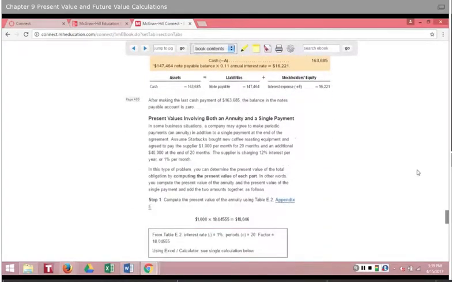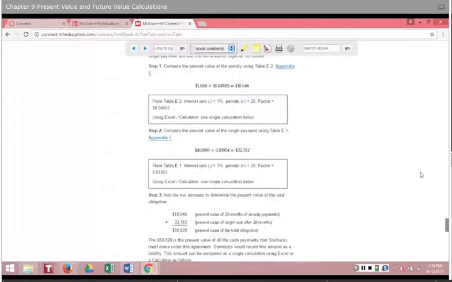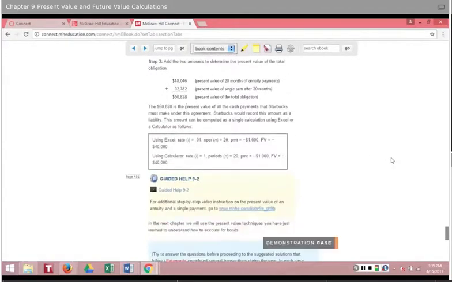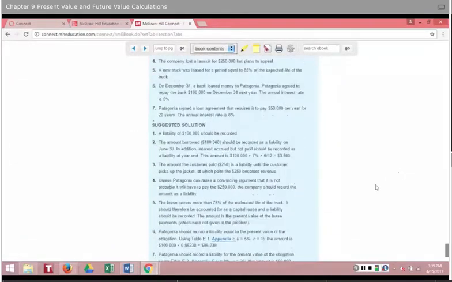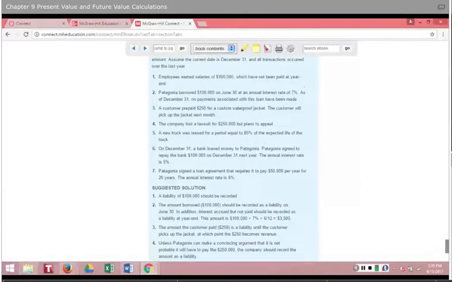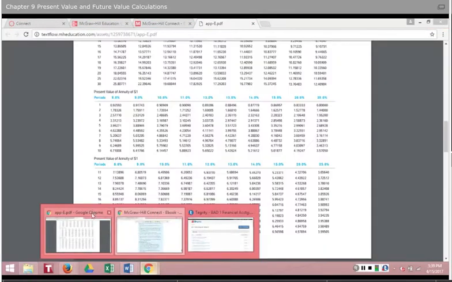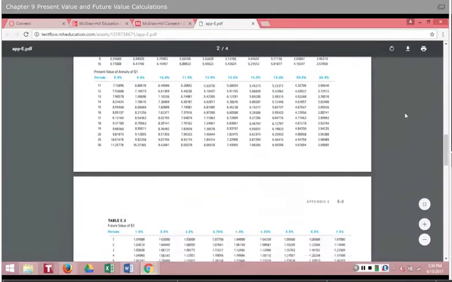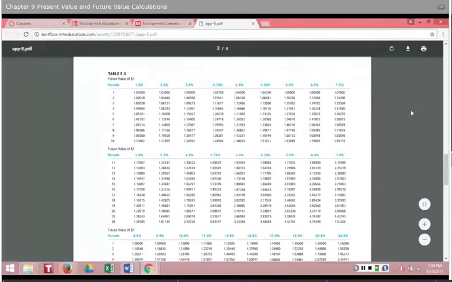So they show you some other examples here, and I'm going to let you go through them. But what I do want you to know is we also have future value tables, and let me just show you those. So we have table E3, which is future value of $1. We know that the future value always has to be greater than the present value.